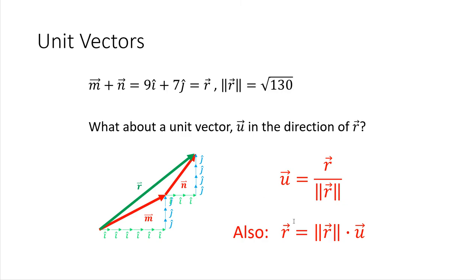Now, what if we want unit vector u in the direction of vector r? All we need to do is take vector r and divide it by the magnitude of vector r. That would give us this. Think about what that means. If vector r was square root of 130 long, then 1 divided by the square root of 130 would be the length of the unit vector, not 1 divided by a unit vector.